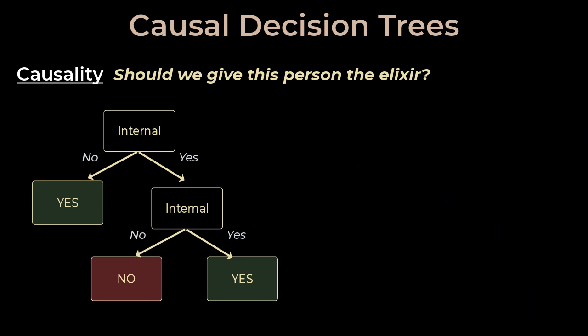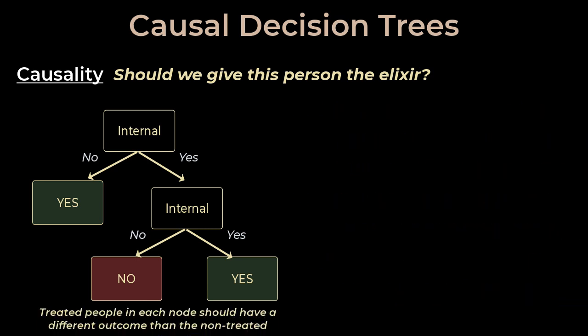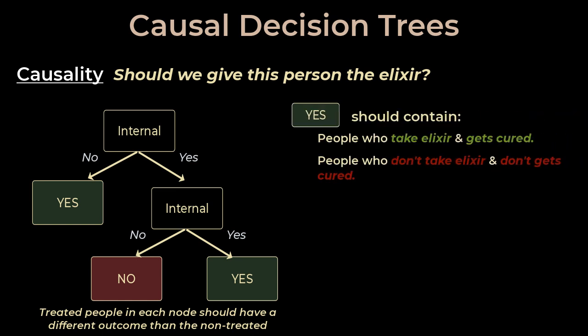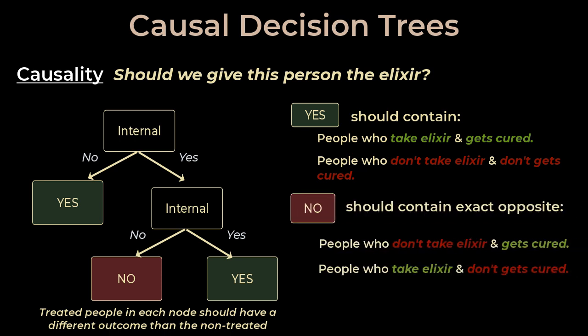For the best split, those treated should behave as different as possible from those who are not treated. If a lot of treated people were cured in a node, then the non-treated people should not have been cured. This way the node will be as pure as possible and we can assign a yes or a no to the node.